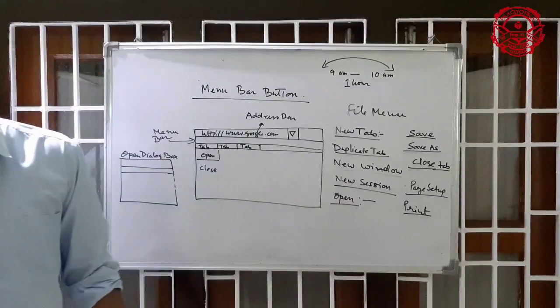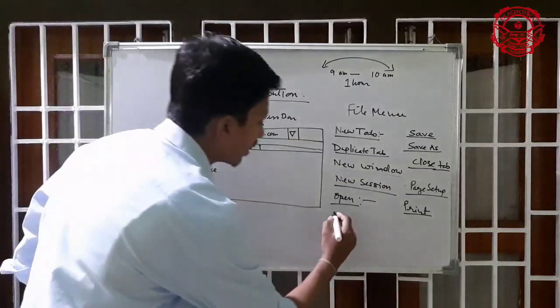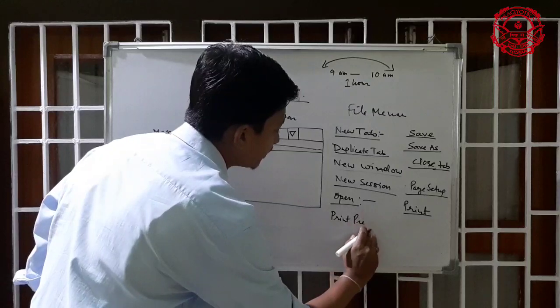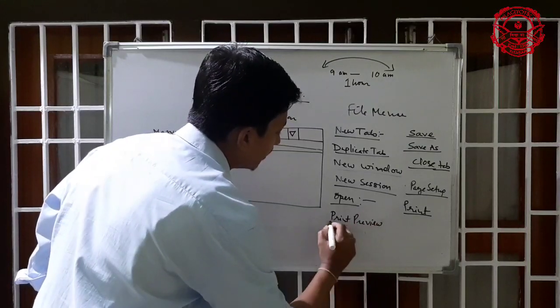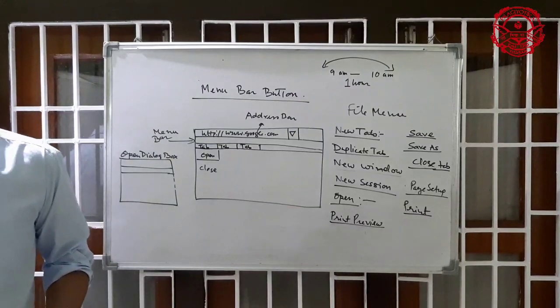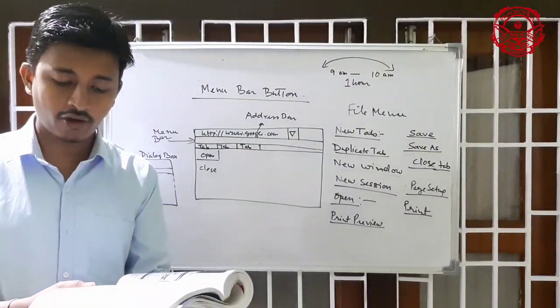Next is print preview. Print preview means you can see in the book, it shows how the page would appear on a sheet of paper.